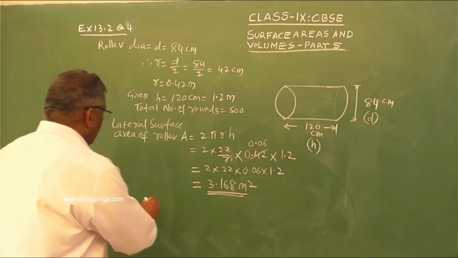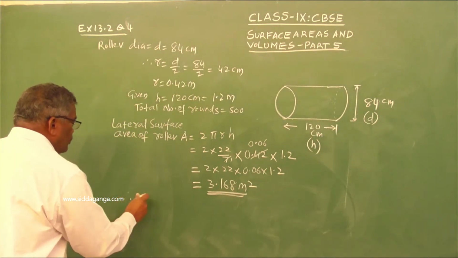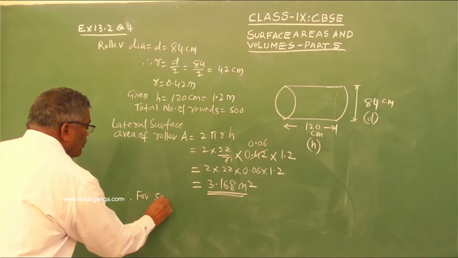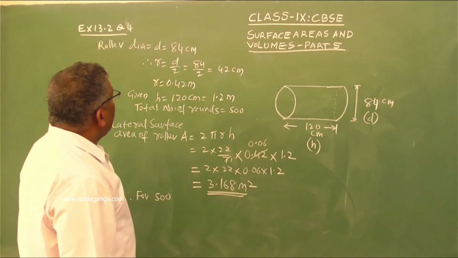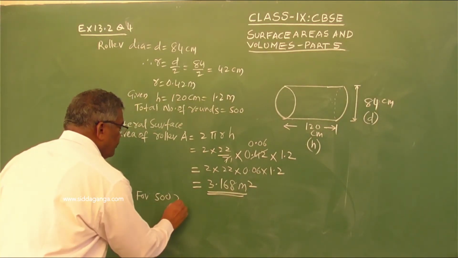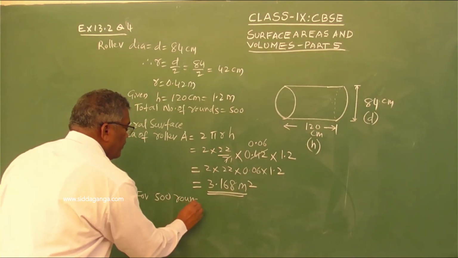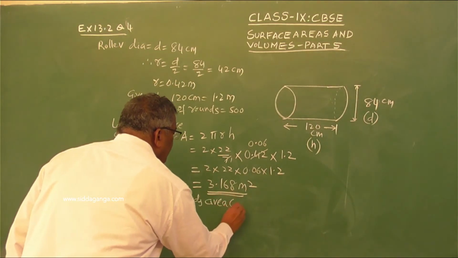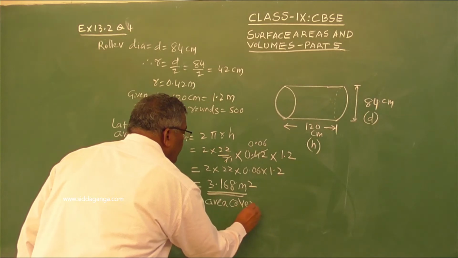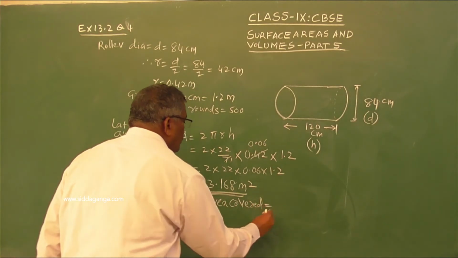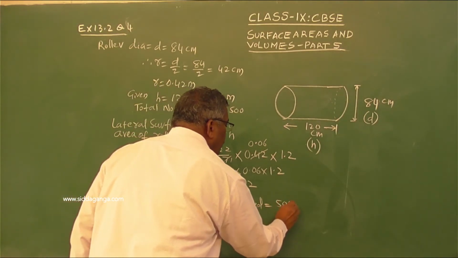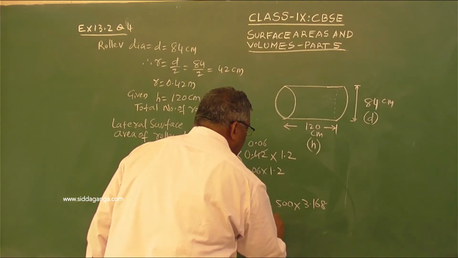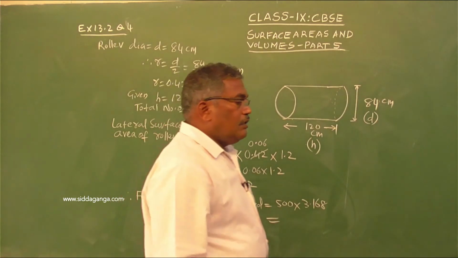So therefore, for 500 rounds, area covered is equal to 500 into 3.168.